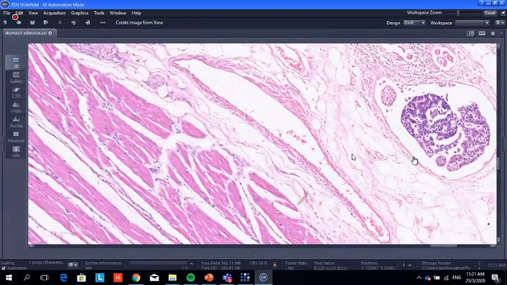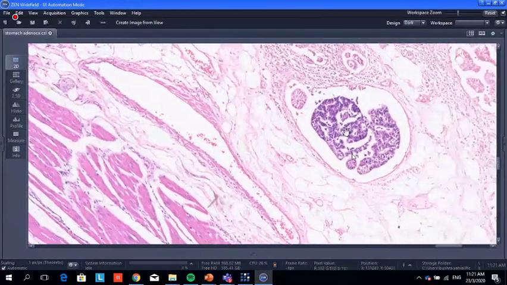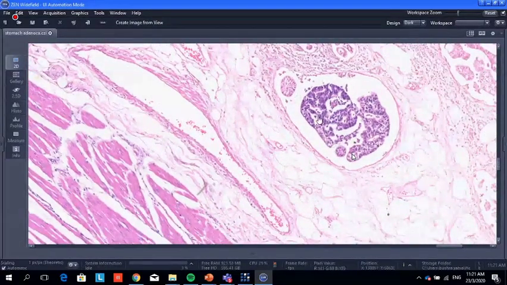Then they go into the lymph or blood vessels and cover themselves with fibrin, so the immune system cannot recognize them as foreign.